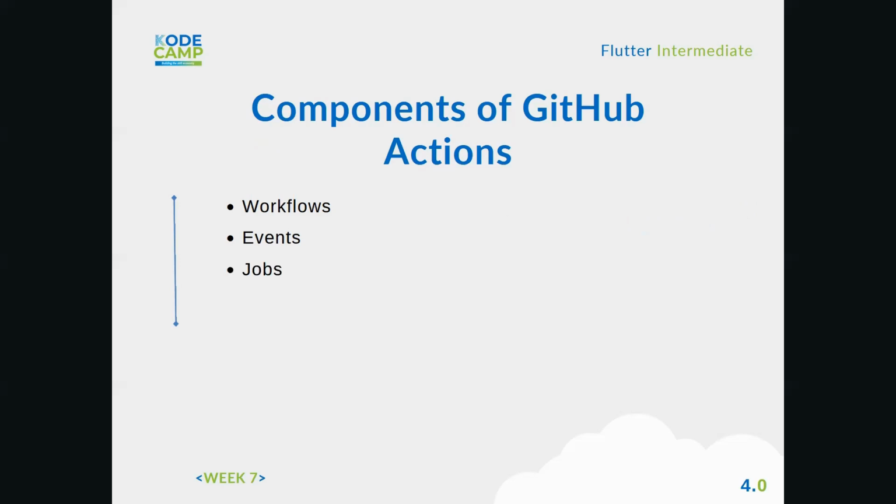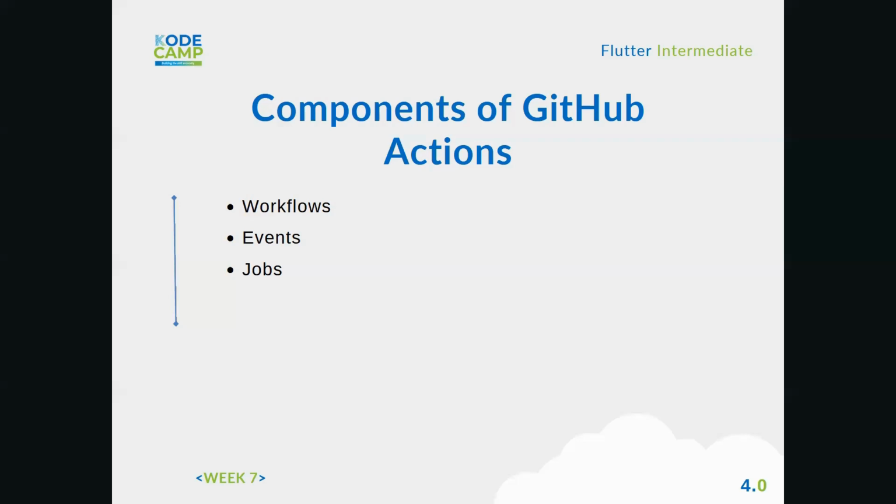Next, jobs. A job is a set of steps, like you saw in the image before. A job is a set of steps in a workflow that is executed on the same runner. Each step could be a shell script that will be executed, or an action that will be run. Your steps are executed in order, and they are dependent on each other.